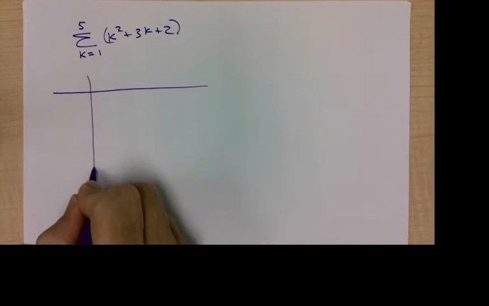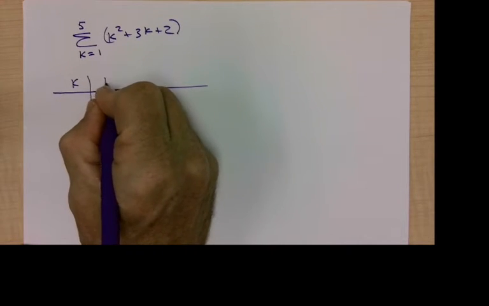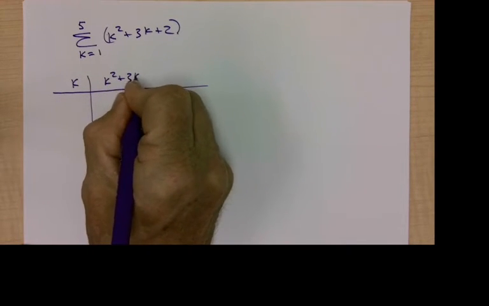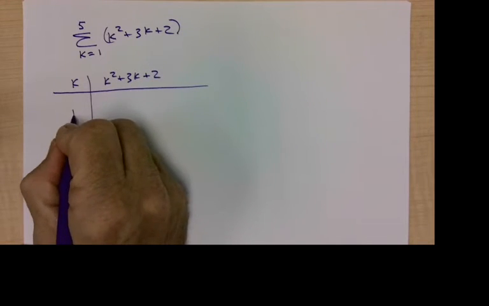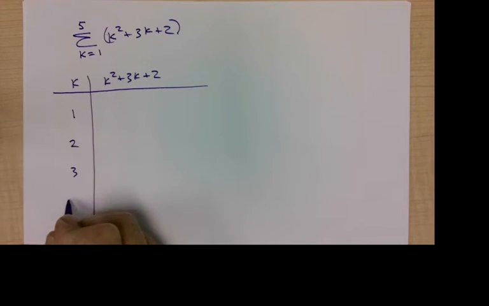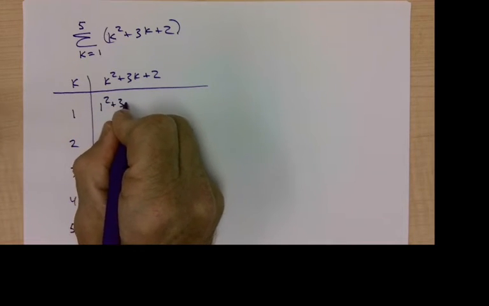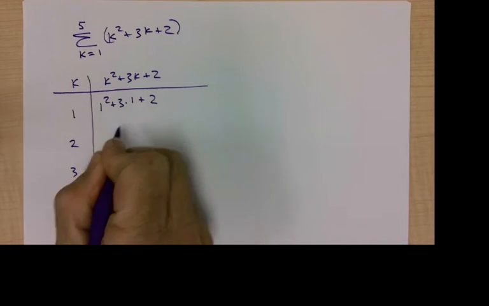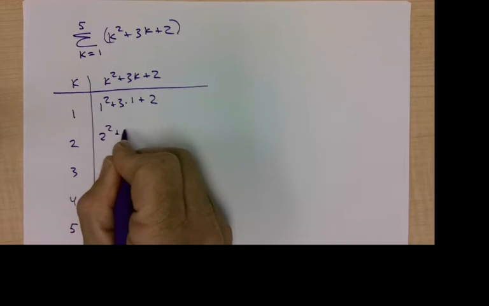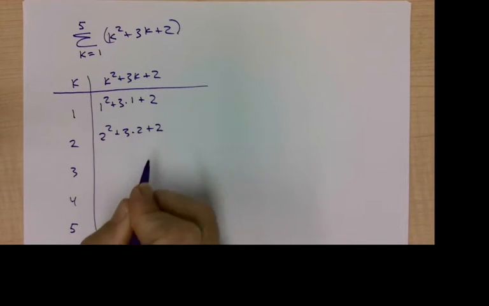So what I need to do is make a table. For k, I need to find out what is k squared plus 3k plus 2, and I need values for 1, 2, 3, 4, and 5. K is 1: 1 squared plus 3 times 1 plus 2. K is 2: 2 squared plus 3 times 2 plus 2.